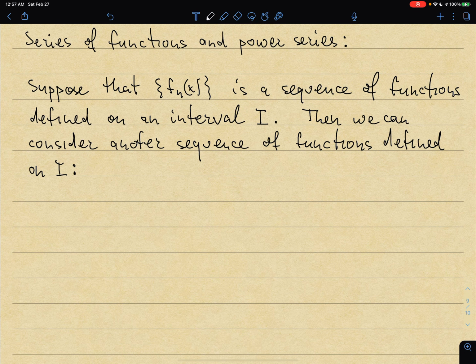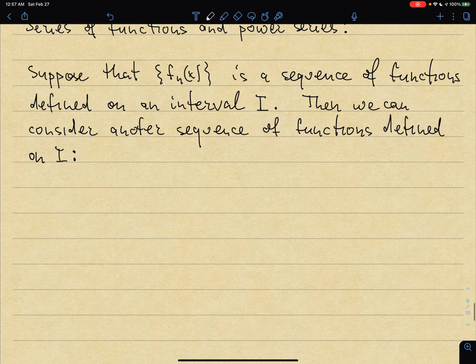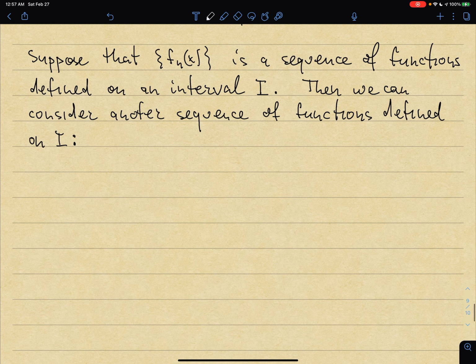And I'm going to define these new functions in the following way. Gk of x is going to be the sum from 1 to k. Later on, the lower limit can be anything, can be 1, can be 2, can be 0, but just for the purposes of this definition, let's use 1, of fn of x.